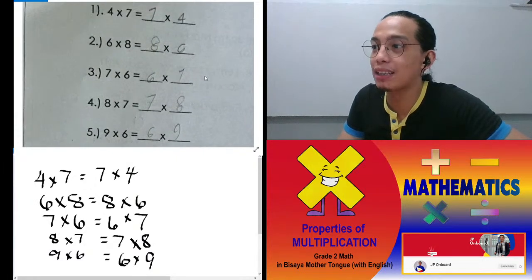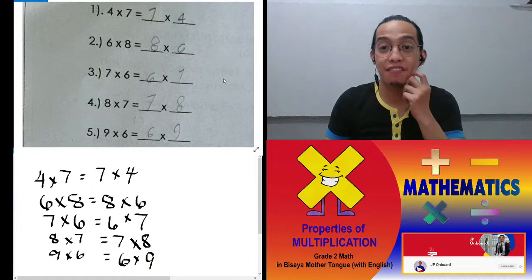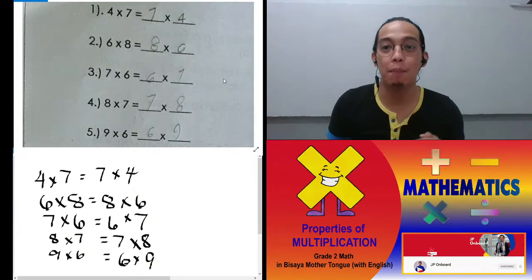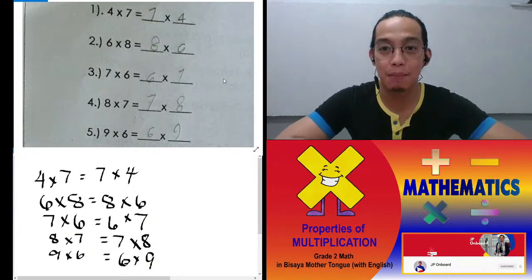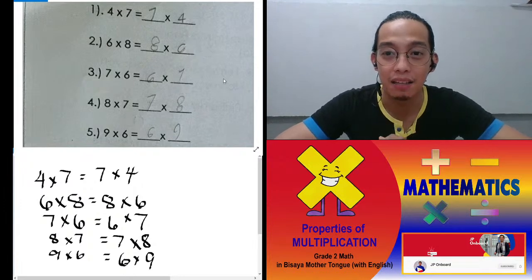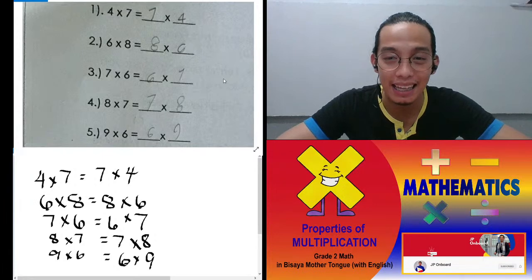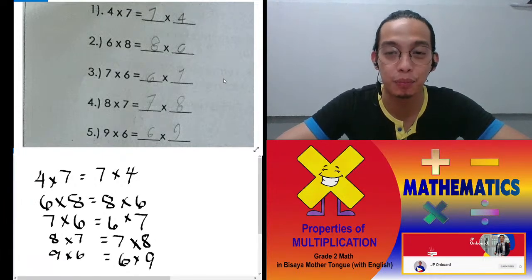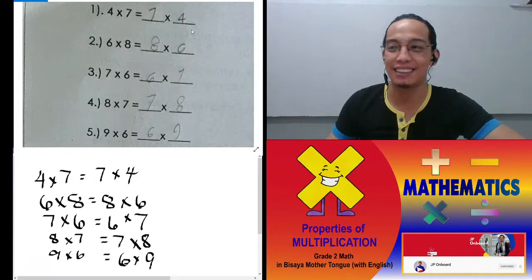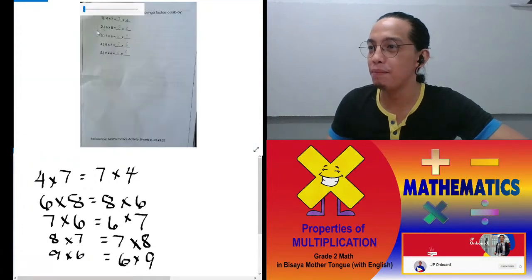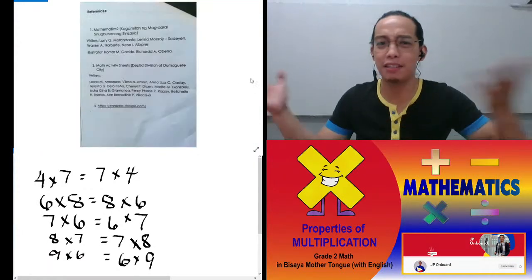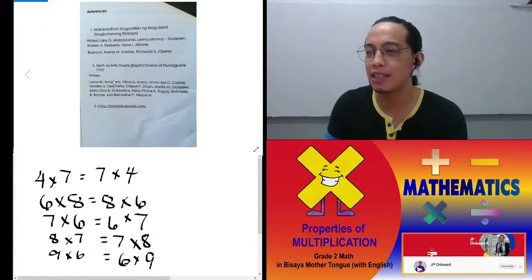Rearranging the factors in a multiplication sentence gives the same answer. That's because of the commutative property of multiplication. Okay, those are the references.